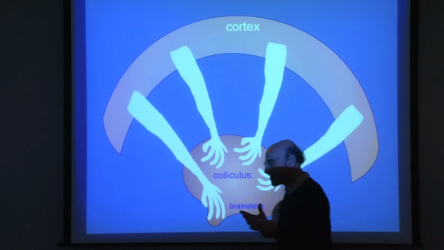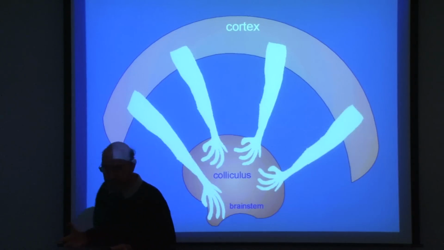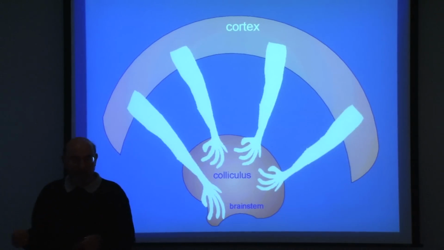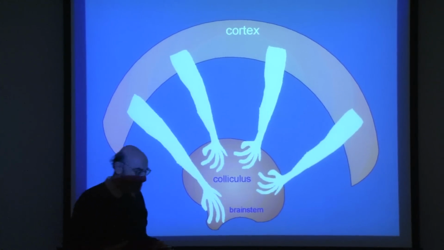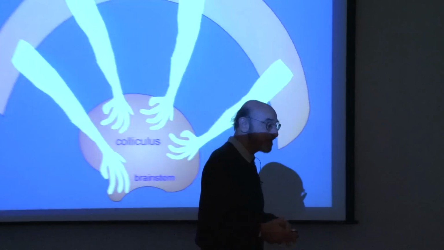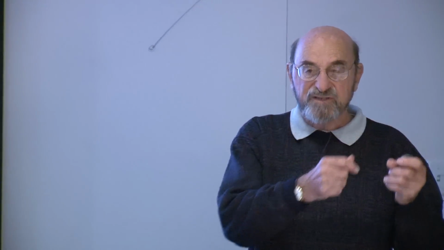And that, of course, became very important, because when you make a decision as to where you're going to look next, or you're going to identify an object, you have to have information from the cortex itself, which then has to be transferred, in this case to the colliculus, to generate the desired eye movement so that you can analyze in detail what you want to analyze. So that then is the basic layout.